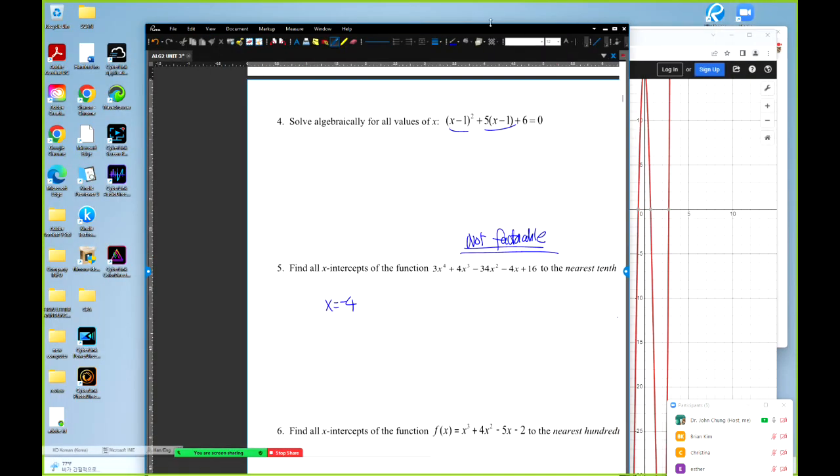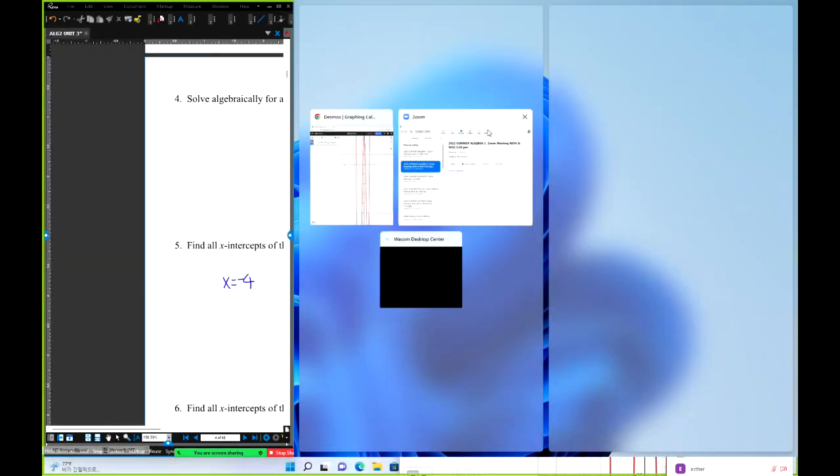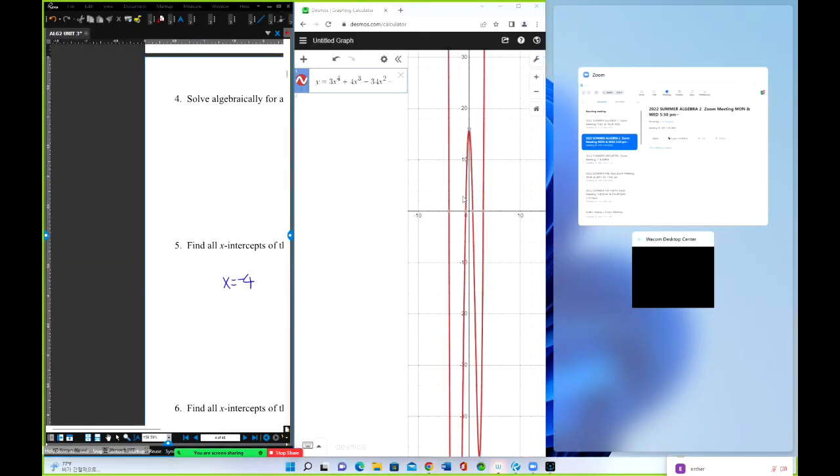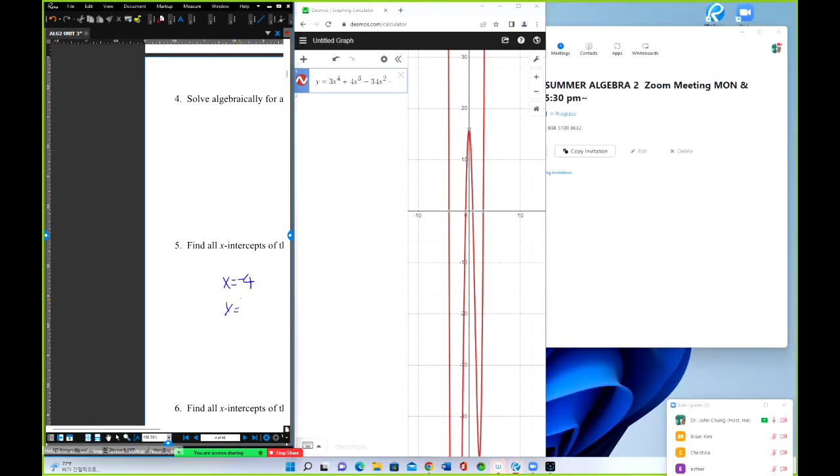Second one is over here, negative 0.732. Third one over here, 0.667. Last one over here, 2.732.